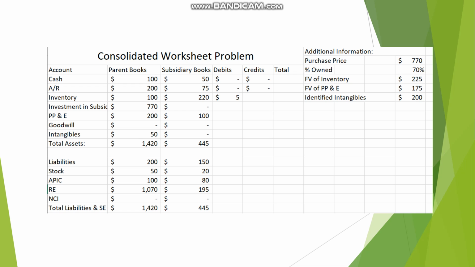So the first steps that we have here, we skip cash and accounts receivable because there are no elimination entries in this case that affect either of those accounts. So we'll be starting with inventory.